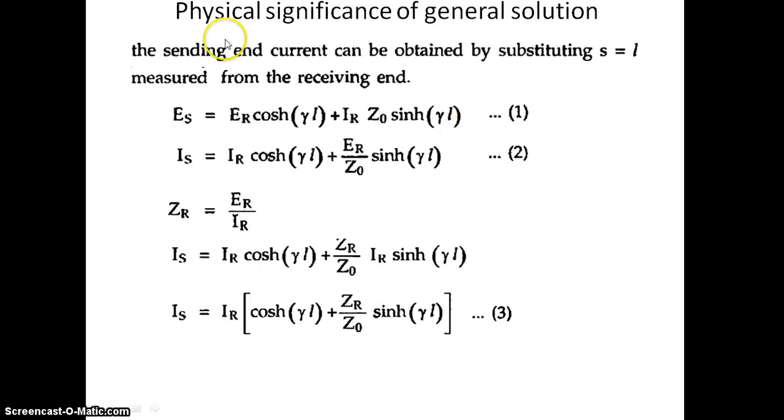And what is the physical significance of the general solution? If you want the sending end current, the whole length of the transmission line is L, so you substitute S equal to L. Then we can write ES equal to ER cosh gamma L plus IR Z0 sinh gamma L, and similarly the expression for IS, equations 1 and 2, and replace ZR equal to ER by IR.